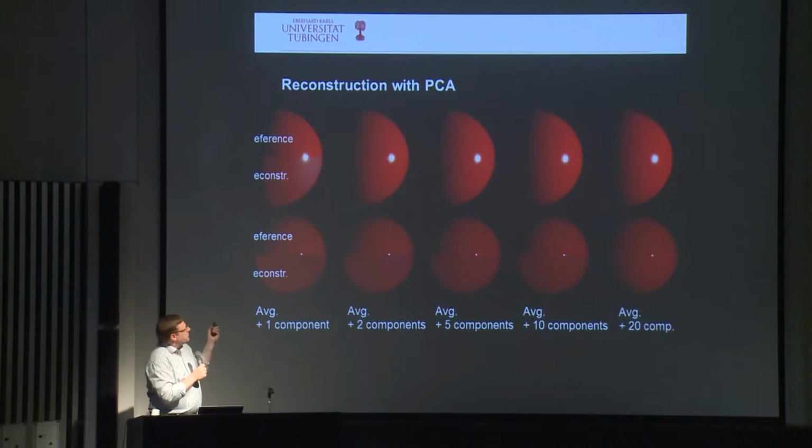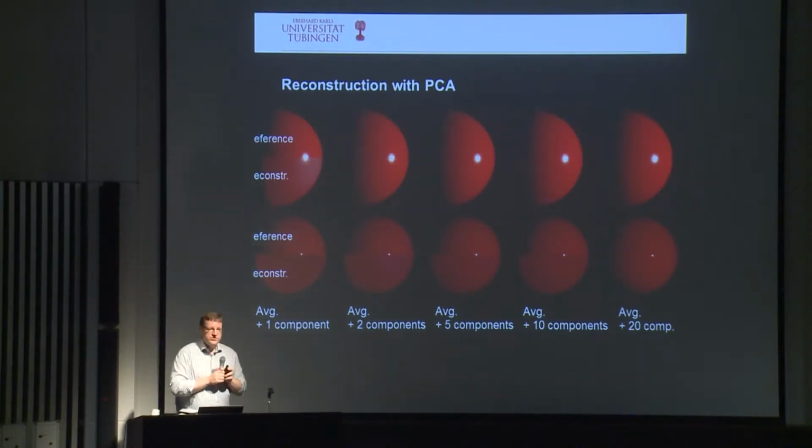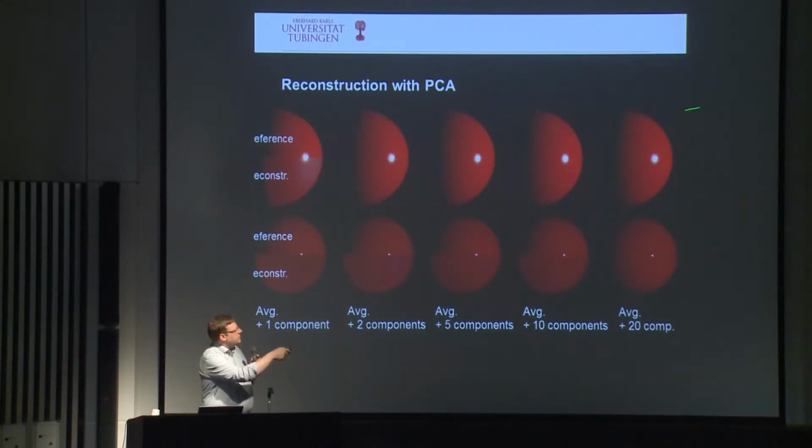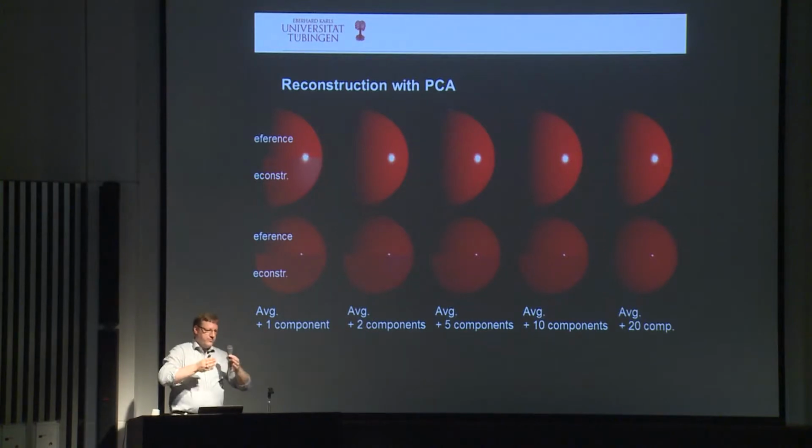So here's a comparison of what you actually lose if you take too few PCA terms. The top half of the sphere is always the ground truth, and the bottom part, the reconstruction. You see it here from two different positions of the turntable. Okay, so there are two different angles between the illumination source and the camera.